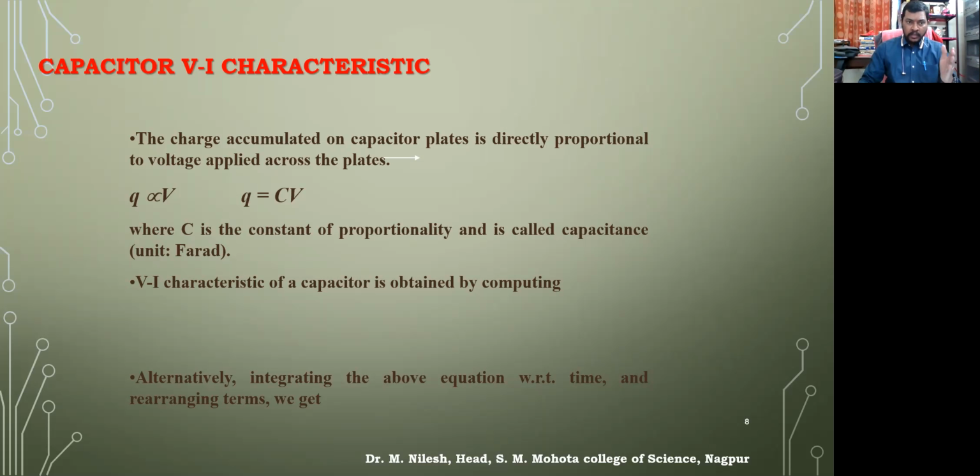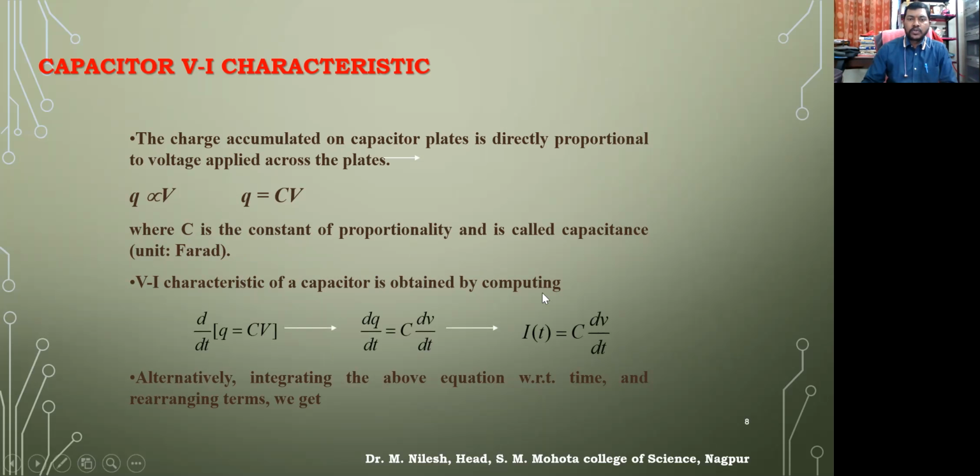Now here the proportionality constant, C, is called the capacitance, and the unit of capacitance is farad. So the VI characteristic of a capacitor is obtained by computing this equation.